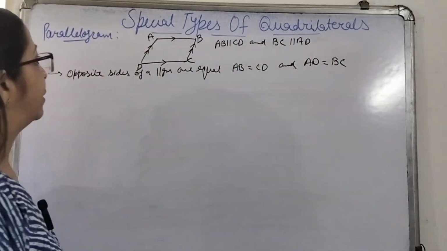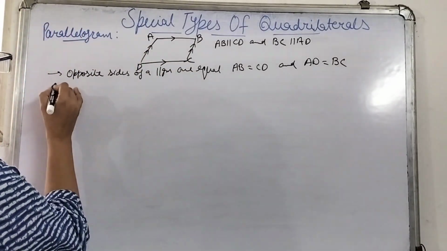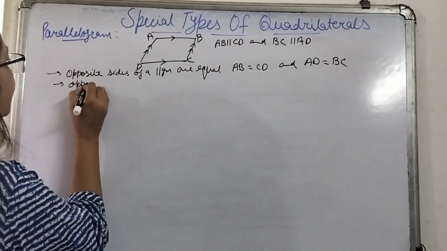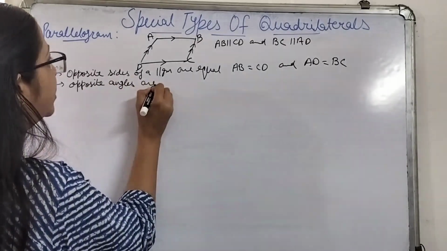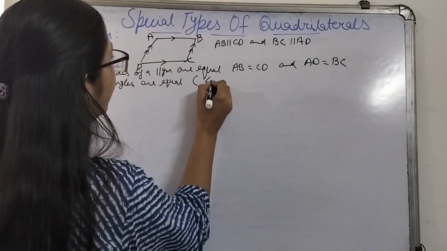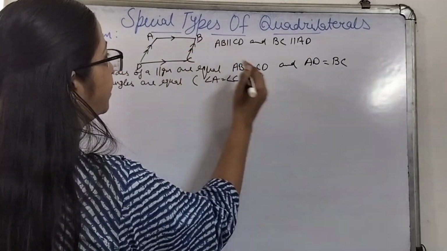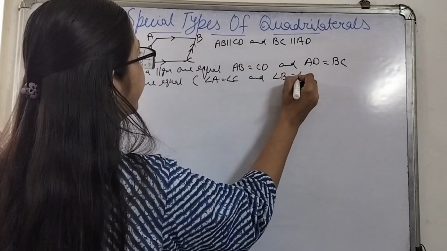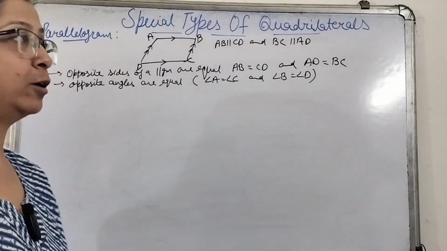In a parallelogram, both pairs of opposite sides are equal. Opposite angles are equal. That means angle A will be equivalent to angle C and angle B will be equivalent to angle D. All these are the properties of a parallelogram.